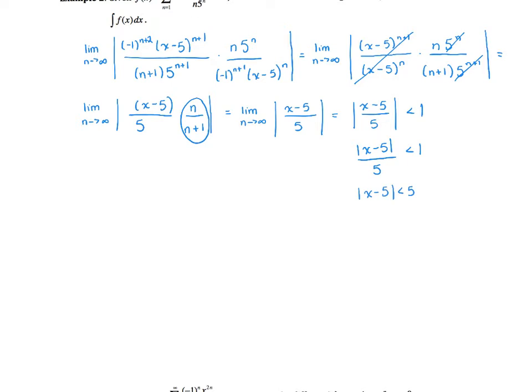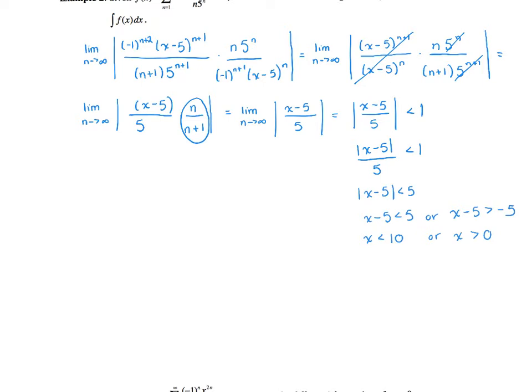So it could be the case that x minus 5 is less than 5, or x minus 5 is greater than negative 5. That leaves us with x is less than 10, and x is greater than 0. Centered at 5 with a radius of 5, 0 to 10.